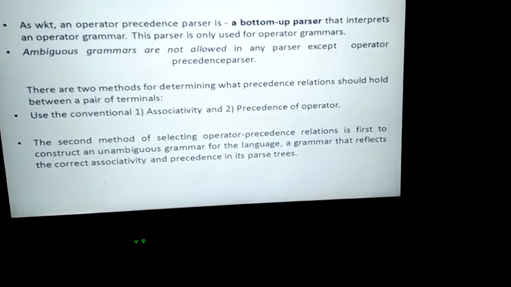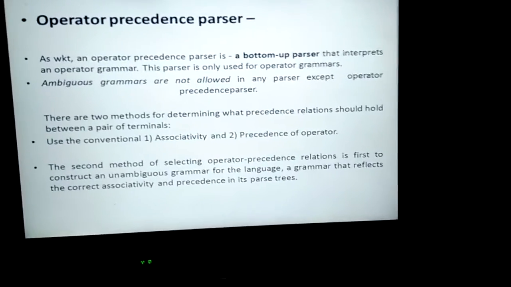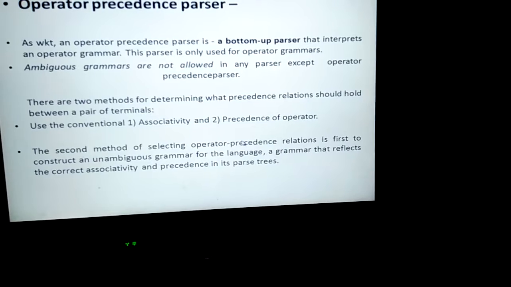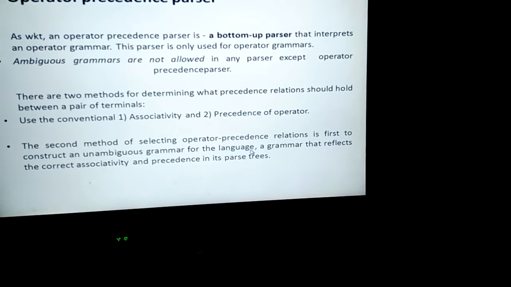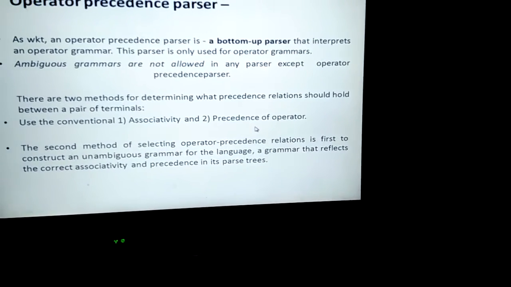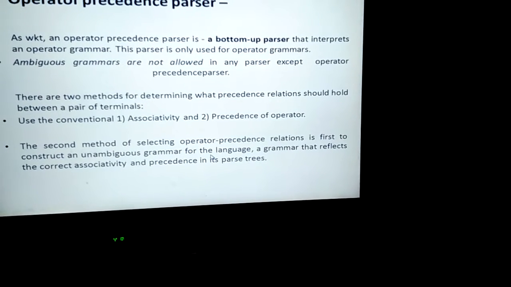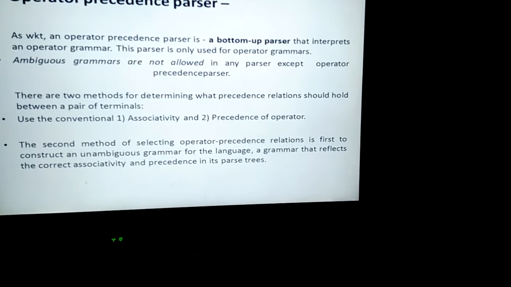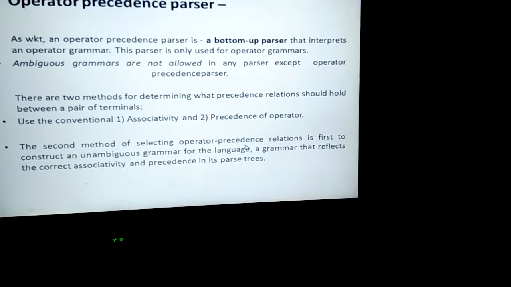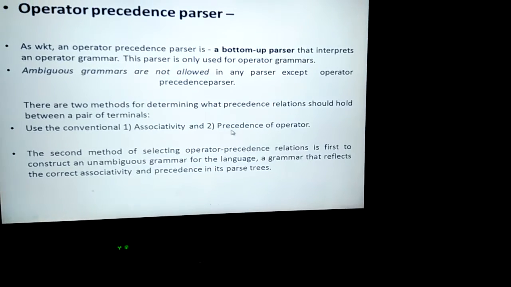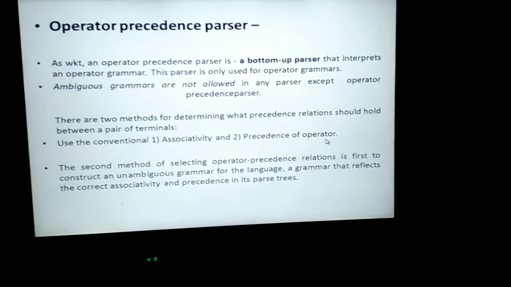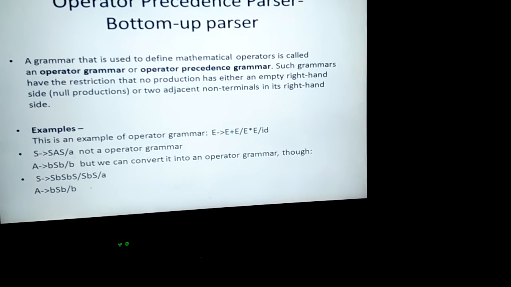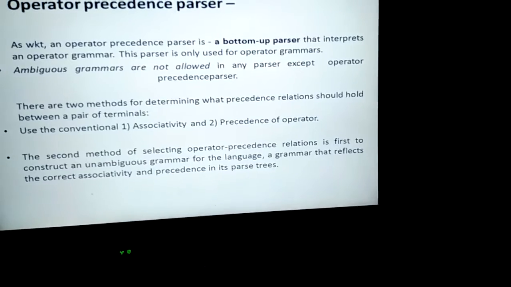One is the associativity and the precedence of operator. The associativity is not for the lab session, and the precedence of operator with the associativity we will come to know in this operator precedence parser. Let's move on to the concept of the operator precedence parser using the precedence of operator, the second method.